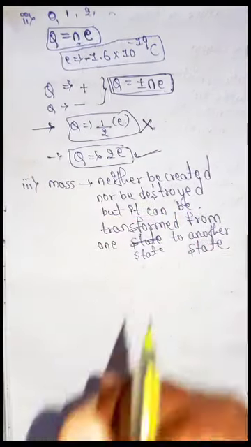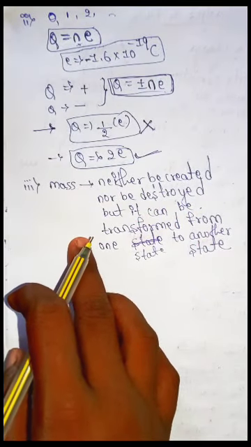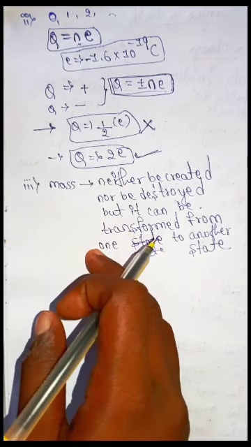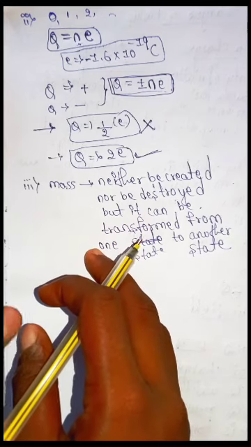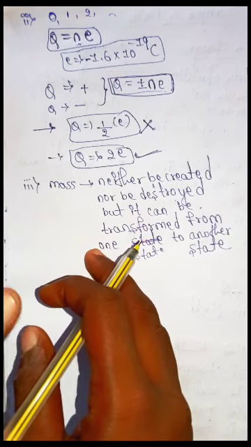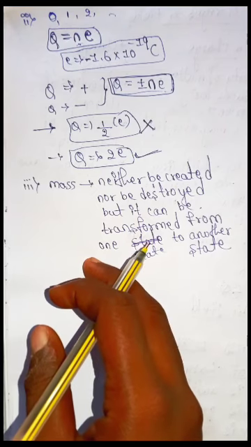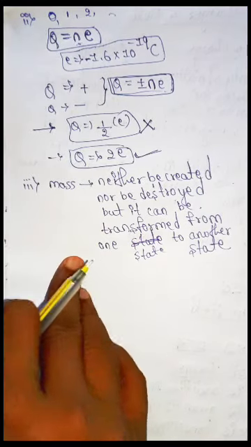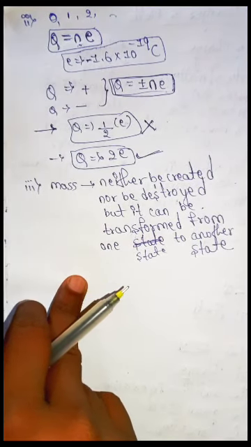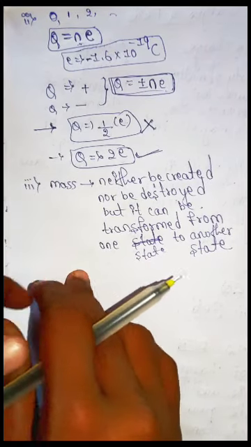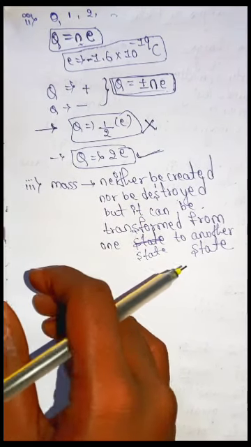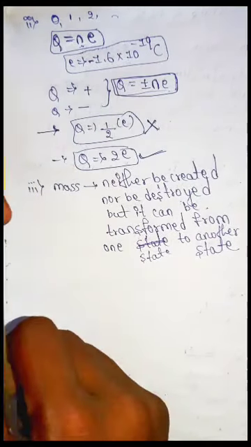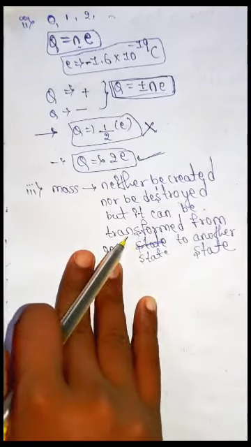So we have learned that mass can neither be created nor destroyed, which means we cannot create mass or destroy mass. We can just transfer it. For example, if in our daily routine we eat 2 kgs of food one day, it will be consumed while doing work.